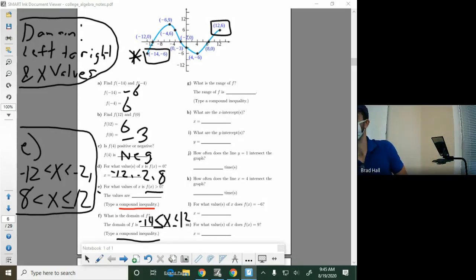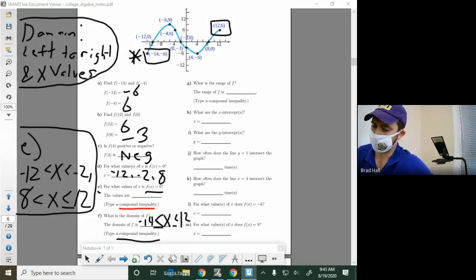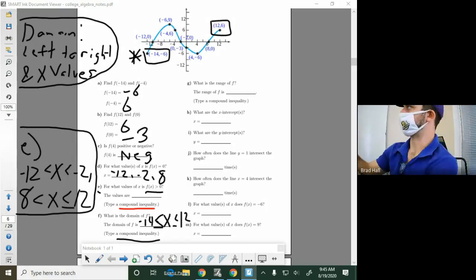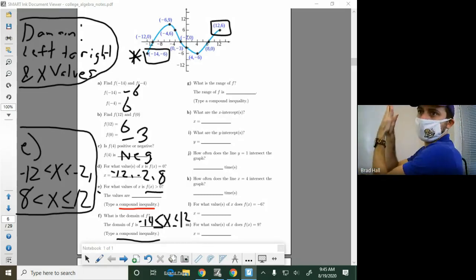Why are you using less than? It's because the way the notation works, we have to build up to the larger value. What it's saying is that any x in this interval would have to be greater than negative 14, which would bring it to the right, or would have to be less than 12.